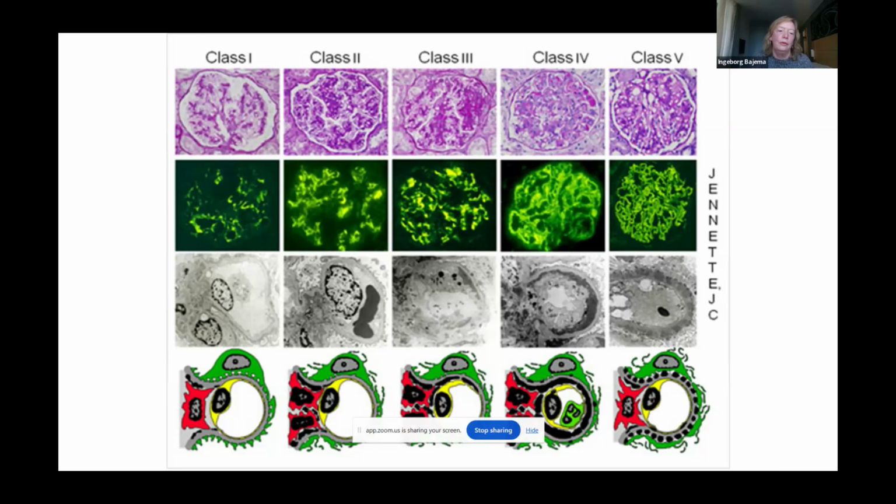In class 1, only a few deposits in the mesangial area. In class 2, many more of them. And because we have 2 red cells over there, it means that these cells start to proliferate. Then we have deposits that may move on to be present at the subendothelial space, leading to inflammatory cells.